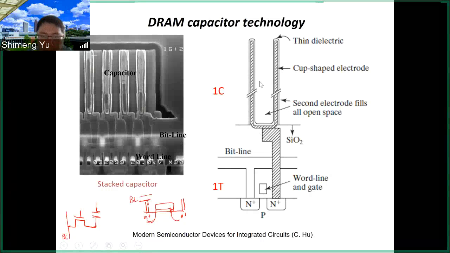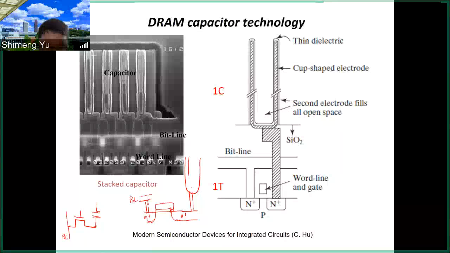But you see here the capacitor is like a U shape. We call it a stacked capacitor. This is on top of the transistor. So here we have a U shape capacitor. Why is that?